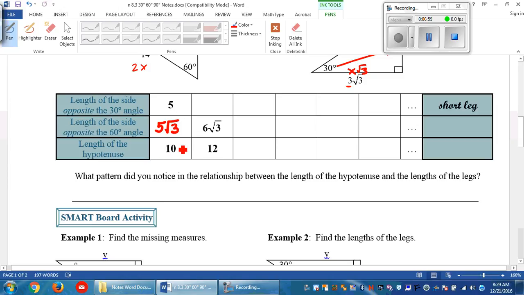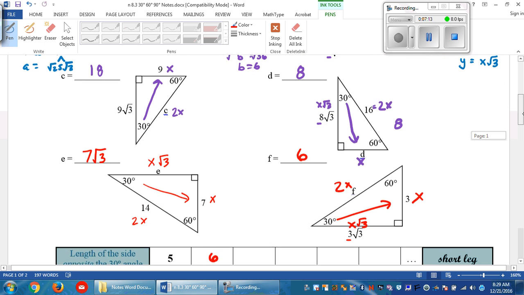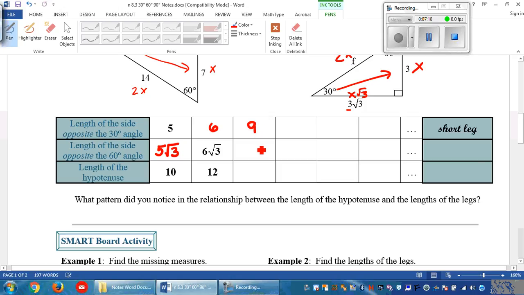Okay. Here we have 12, so that's the double side. So half of that would be 6, which makes this 6 root 3. Okay. Look up here. What else do we have? We had 9. We have 8. So if we have 9, what was this one?